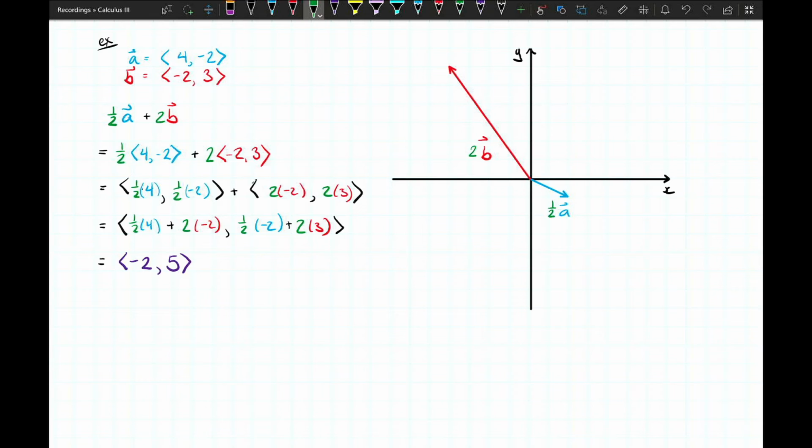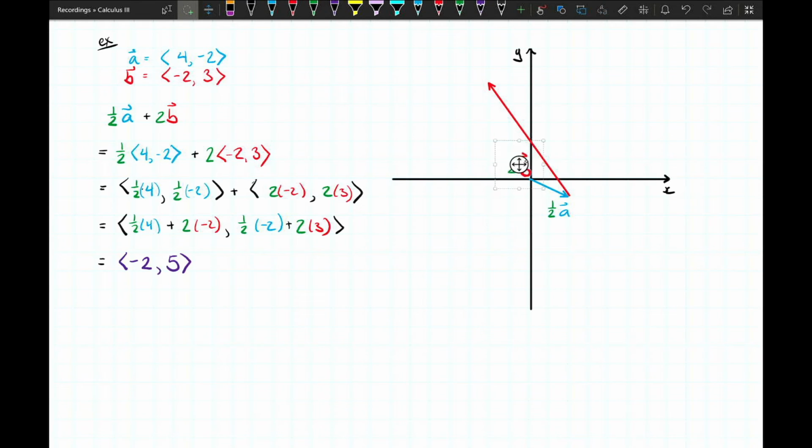Now that we've done the scalar multiplication, now we can use our tip to tail addition. Now it actually will work out that 1/2 a plus 2b is equal to 2b plus 1/2 a by the commutative properties of addition. But since we have it specifically written as 1/2 a plus 2b, let's take this 2b and use tip to tail addition by placing its initial point at the terminal point of 1/2 a.